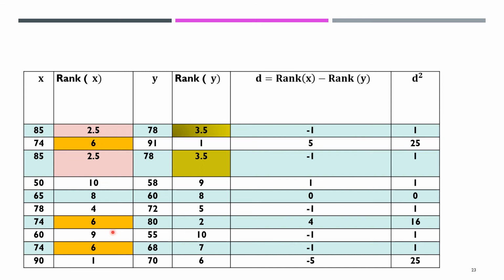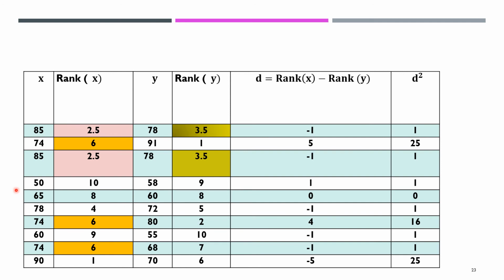So we have to give rank 6 to each of these 74 numbers. Once 5, 6, 7 are gone, the next rank is 8. That is given to 65, and then 9 is given to 60, and the 10th rank is given to 50.